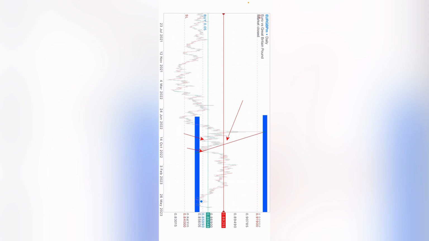As you can see here, when the price retests back to the support level, you look for your rejection candle on a lower time frame. After you spot your rejection candle on your lower time frame, then you enter your buy position.